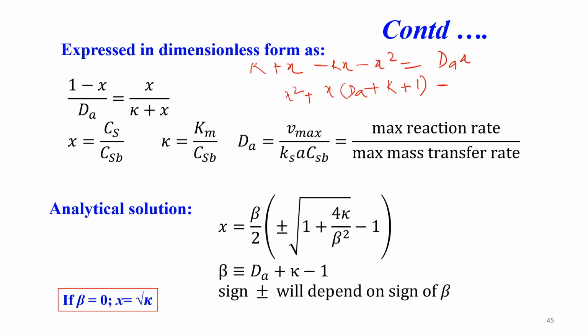So, this will be minus kappa equals 0. So, you can see this is a simple quadratic equation.